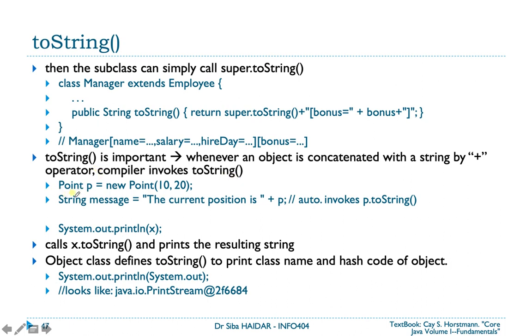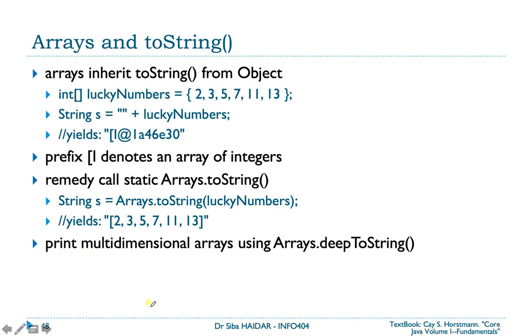So, for example, Point p = new Point, and the string "the current position is" + p means "the current position is" + p.toString(). If you call System.out.println(x), it means x.toString(). The Object class defines the toString method to print the class name and hashcode of the object by default. Okay, but you can change it as we learned.